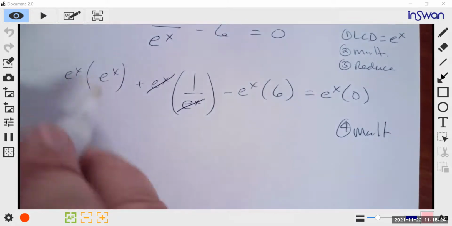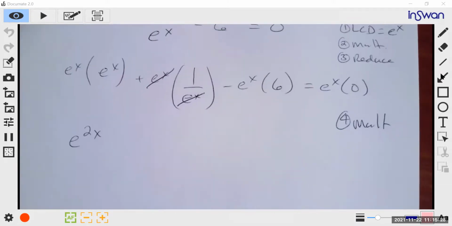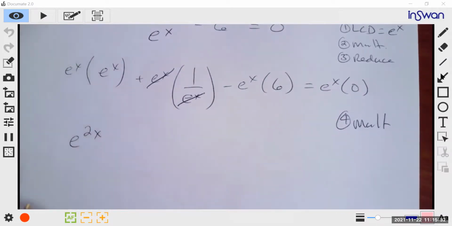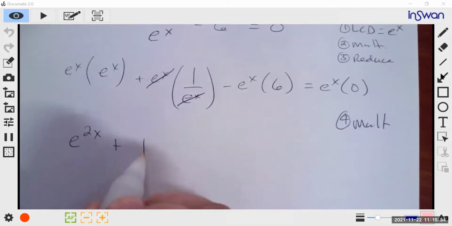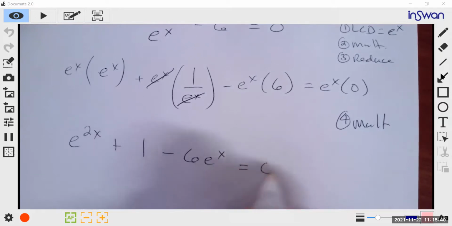e to the x times e to the x is e to the 2x, because you have the same base, you add the exponents. So it's e to the x plus x, which is 2x, plus 1, minus 6 e to the x equals 0.